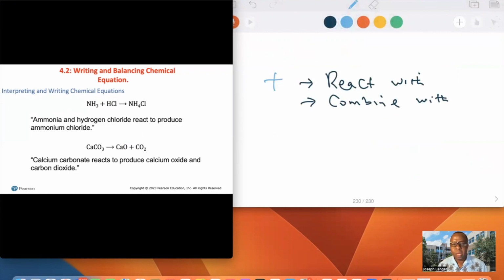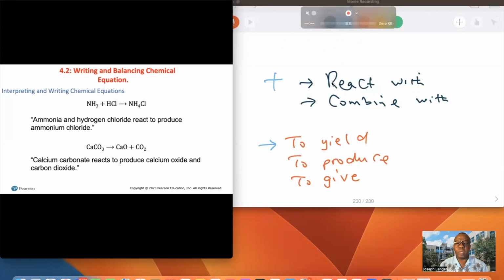The arrow means to yield, to produce, to give. It's the same thing. So you'll be given a worded chemical equation, and you may see this.